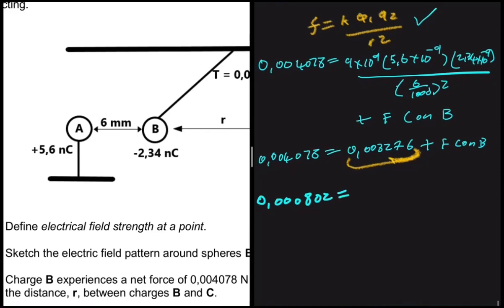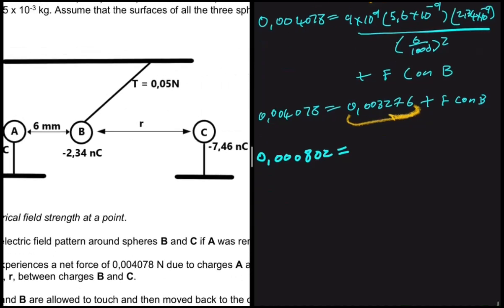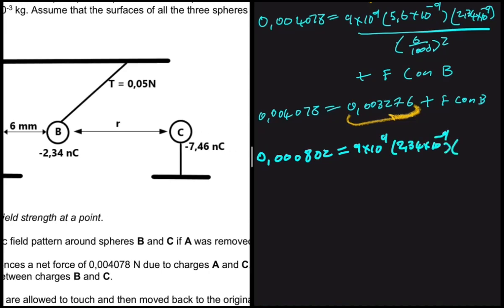Instead of F of C on B, now let's go ahead and substitute. So we're going to have K again, which is 9 times 10 to the power 9 multiplied by the magnitude of B, which is 2.34 times 10 to the minus 9 multiplied by the magnitude of C, which is 7.46 times 10 to the minus 9. Everything divided by R squared.